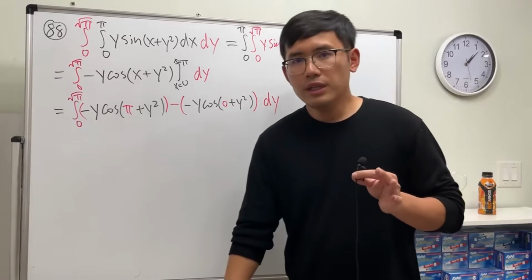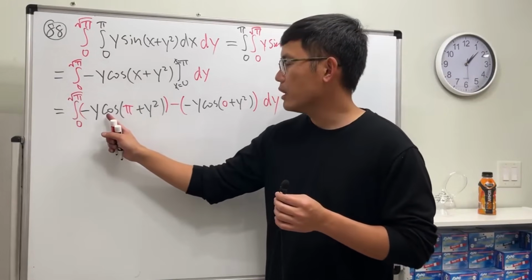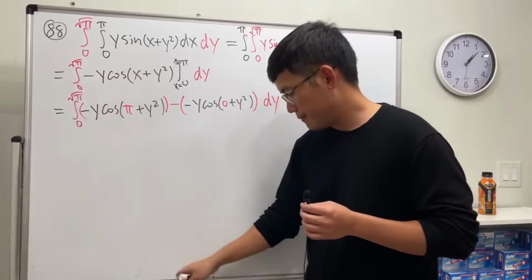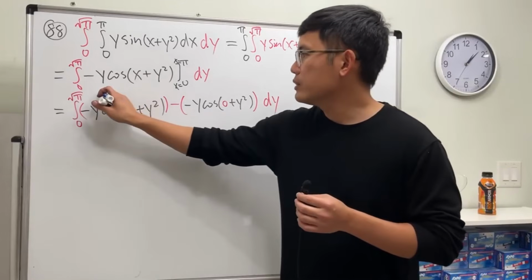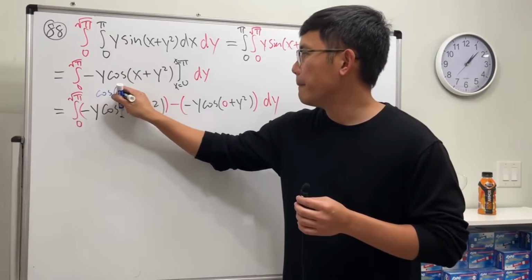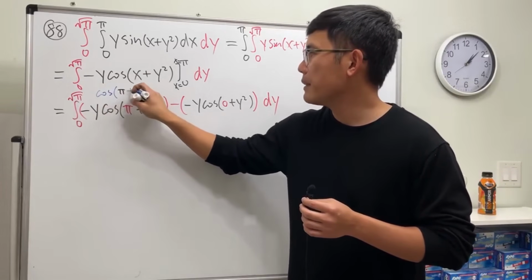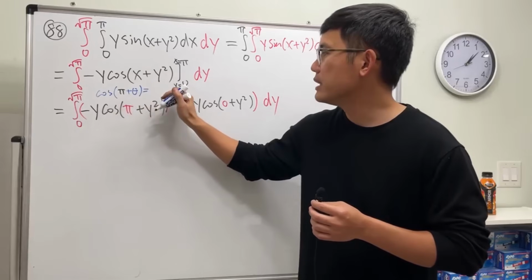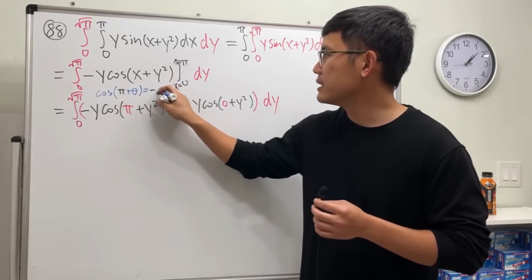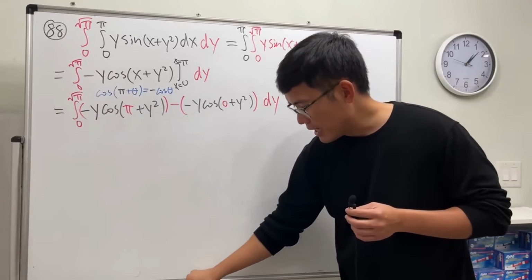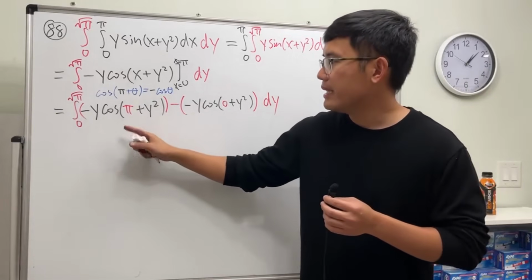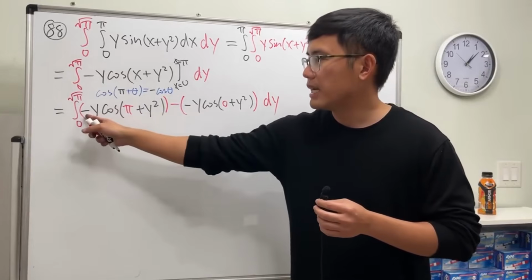Okay, trig identity. Let me write it down to make it more clear. Cosine of pi plus theta equals negative cosine theta. So with that being said, this pi, just keep it and make that positive.